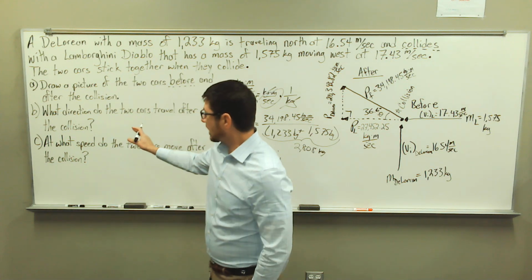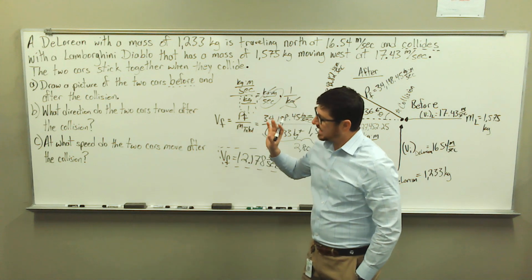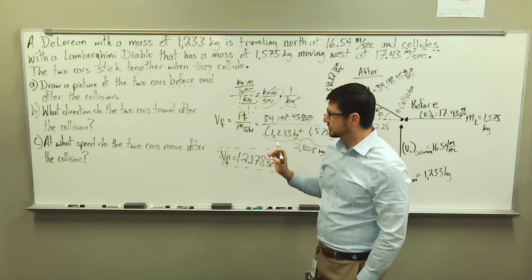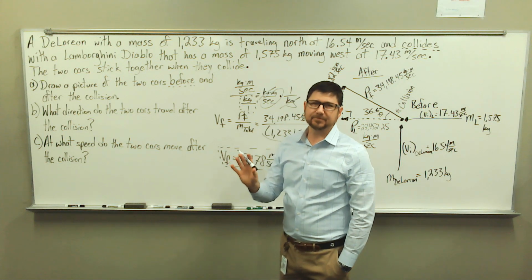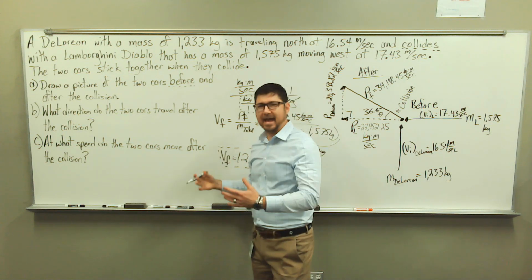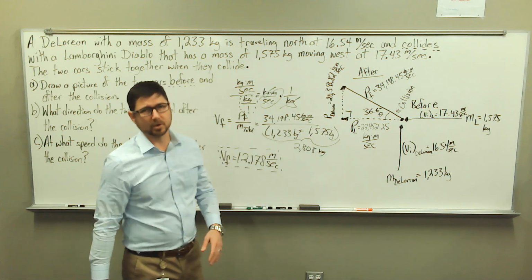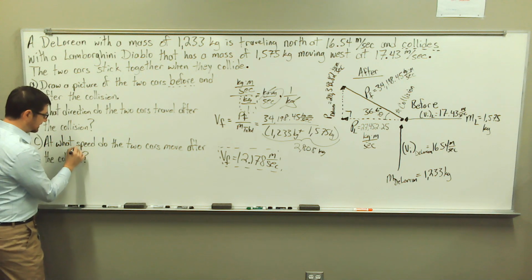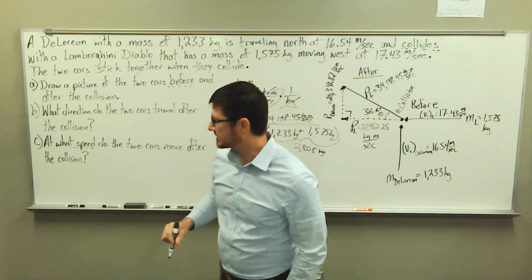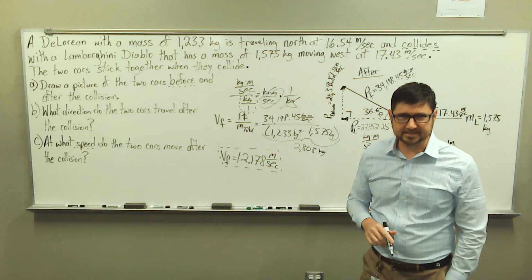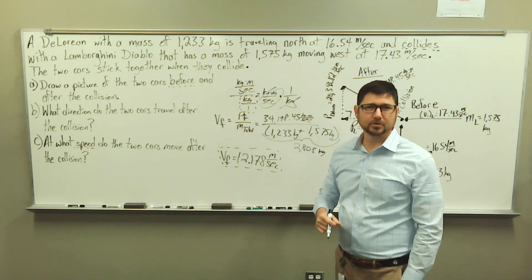Now, the way the question is asked, it asks at what speed do the two cars move after the collision. Now, I'm not a big fan of the way the book asks this because they're using the word speed, which I don't really like, because speed is not a vector, it's a scalar quantity, and we deal with vectors.